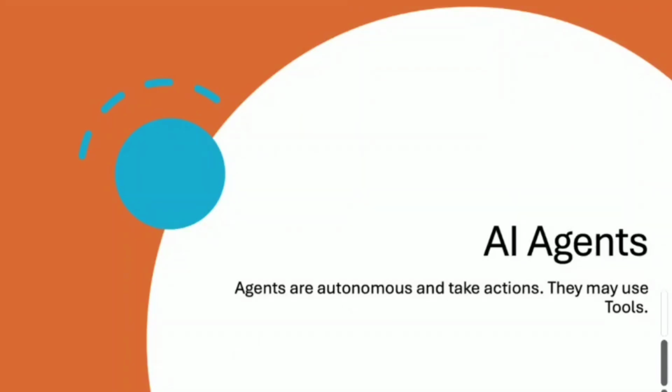Agents are autonomous and they take actions. Just to give an example, James Bond is your agent. He will do the job. But James Bond uses a tool called a revolver.